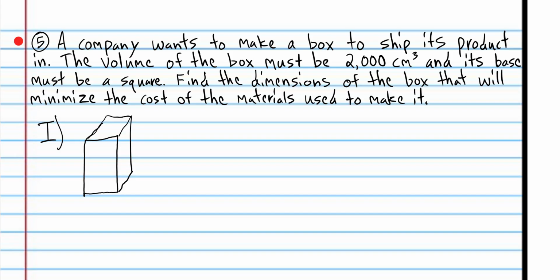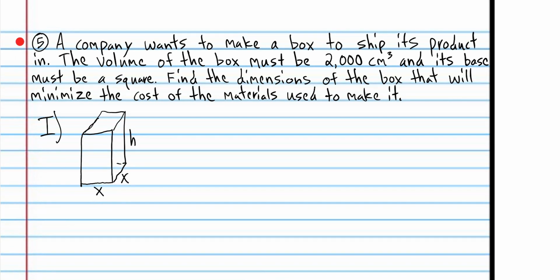I'm not really drawing this that well, but down here we have x and down here we have x, and we'll call this h. The reason that both of those sides are x is because it has to be a square base. You see here, it says its base must be a square. So that's that there.